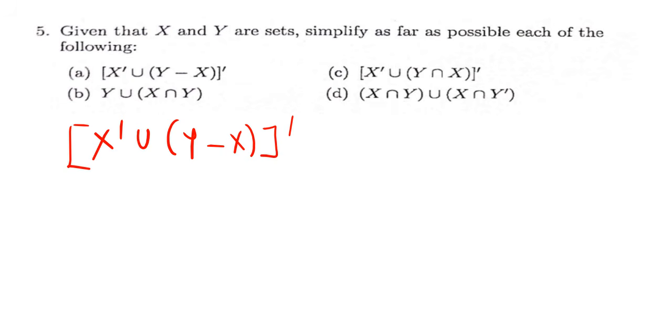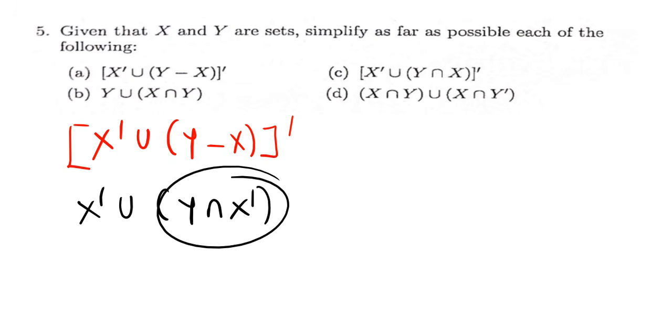Now we're trying to find the union of x complement with something. If this is x complement union, I solve what is in the brackets to be y intersection x complement. We know that this is called the difference law, or a relative complement if you want. Then don't forget we have a complement outside.